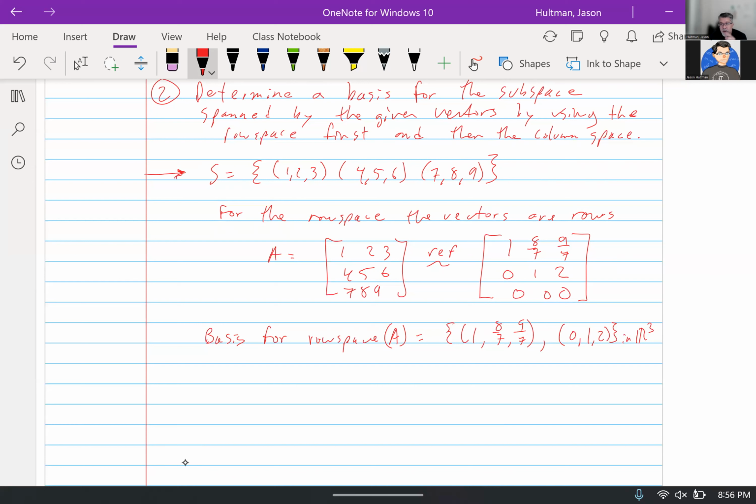But if they give you vectors and you want to use these vectors as columns to find a basis for the column space, then we have to choose the vectors to become column vectors.